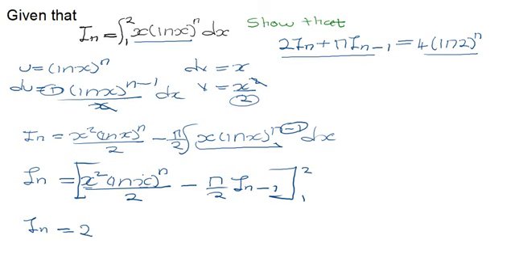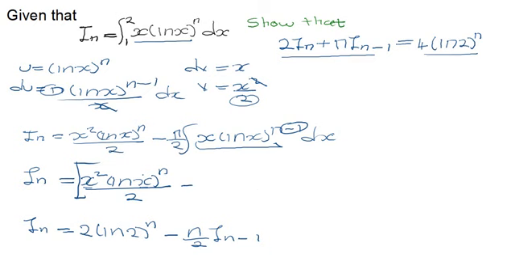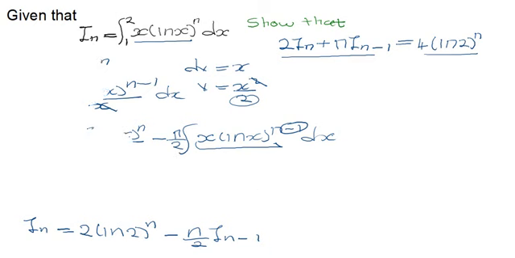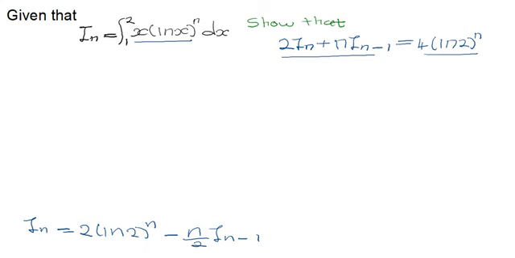Then open bracket ln of, where there's x you put 2, to the power n, minus n over 2 I_(n-1). We want to make sure this is in the form in which it is desired.